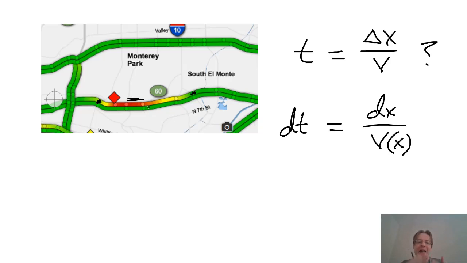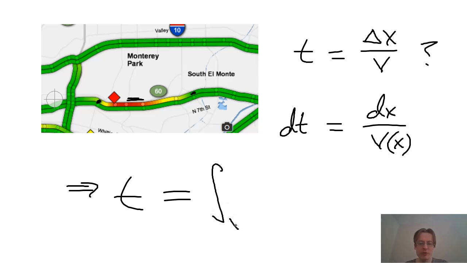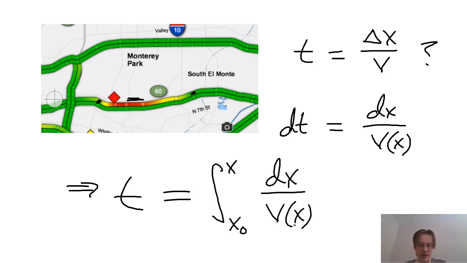I then have to add up all those little time intervals to get the total amount of time. So I can find the total travel time, t. I can't just take x over v. I have to do an integration from the starting position, x naught, to the final position. The integral that I have to do is dx over v, where I have to remember that v is a function of x.